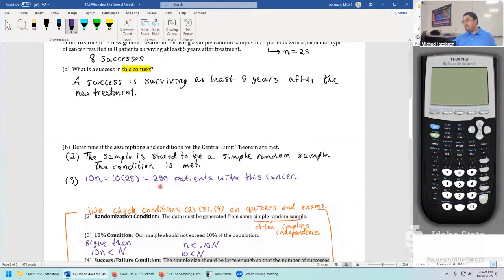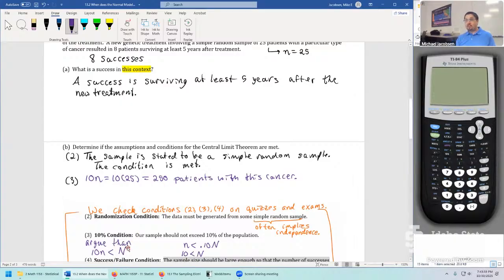The population size is way over 250. But cancers are pretty weird and unusual. There's plenty of forms of weird cancer. Any part of your body can become cancerous at any time. And so if this is one of those extremely rare cancers, there might be less than 250 people that we know of that have it. In this case, the 10% condition is just not met.